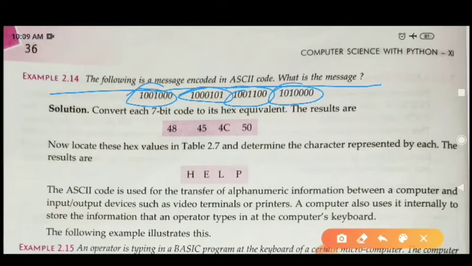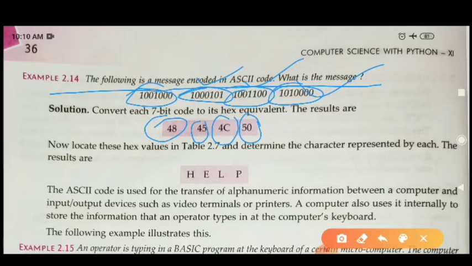So this is for 48, this is for 45, this is for 4C, and this is for 50. Now we will compare with the given table, and we will match for which character these 7-bit conversions are given.